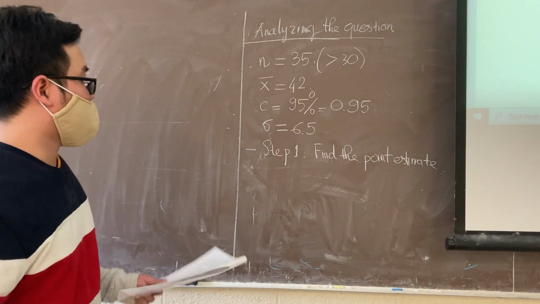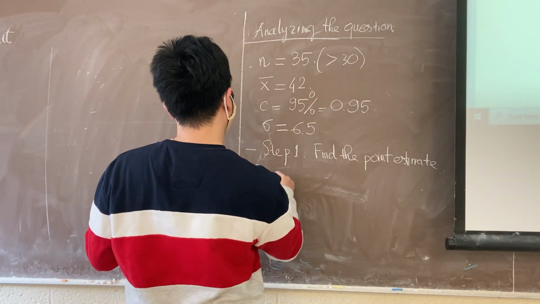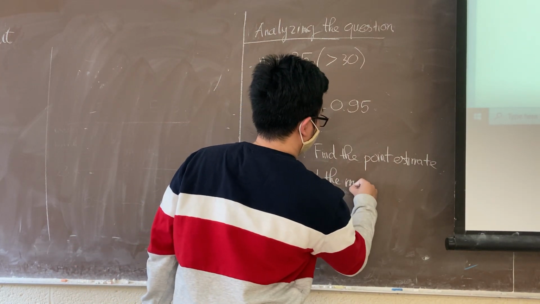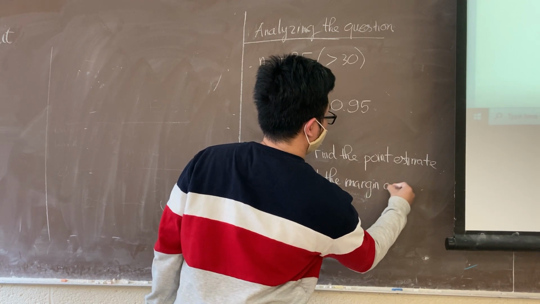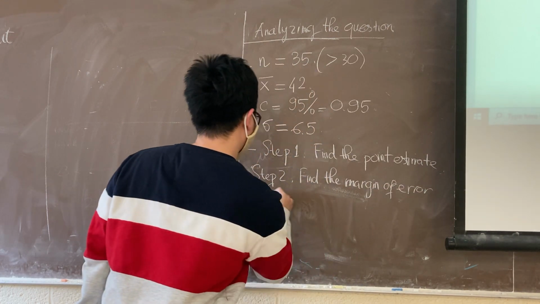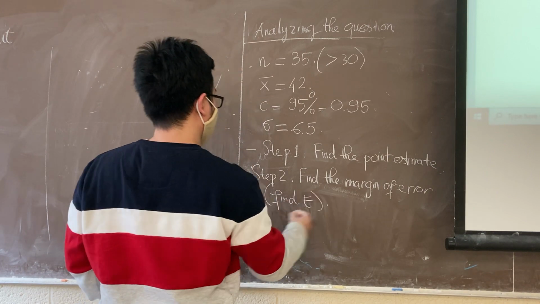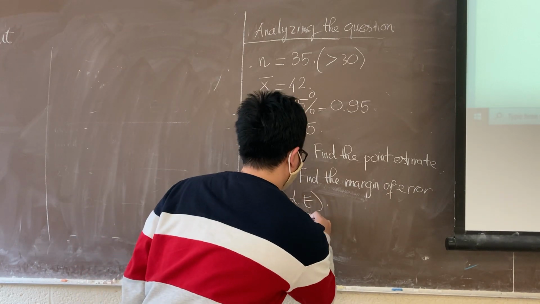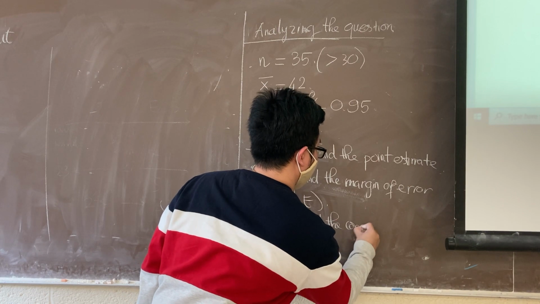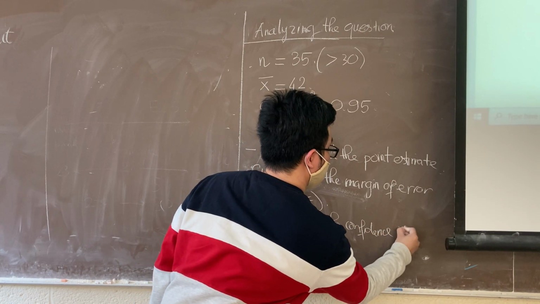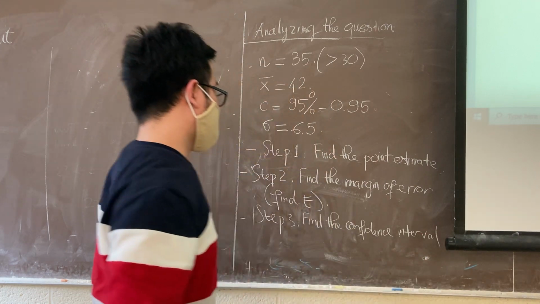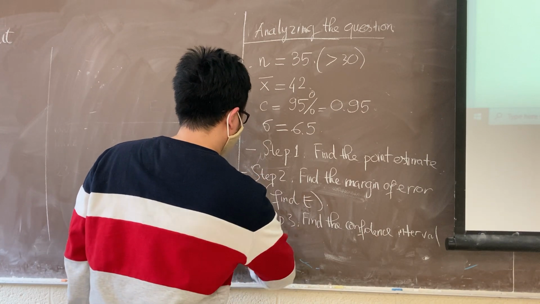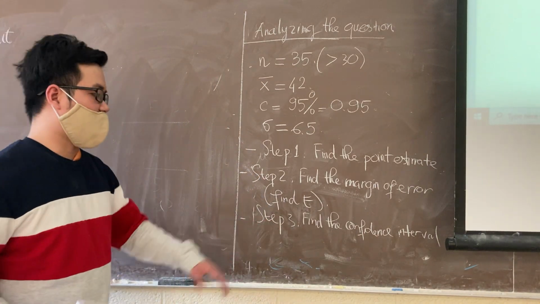Step 2, you will find the margin of error, or E. Step 3, you will find the confidence interval. The confidence interval should be the point estimate plus or minus the margin of error. I will tell you later about how to find the confidence interval.